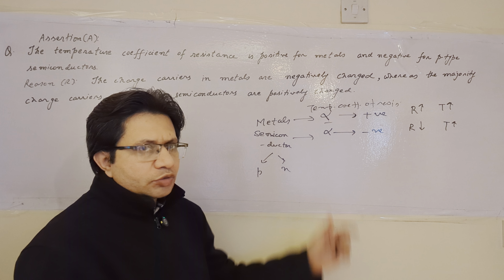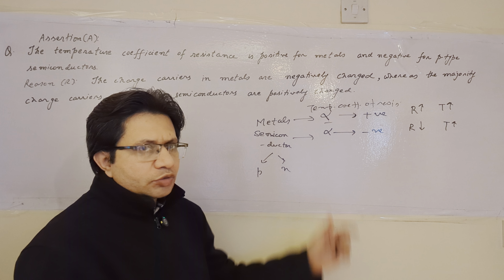It means that as the temperature increases, the resistance of the semiconductors goes down, whether they are p type or n type, it doesn't matter. So the first statement, that the temperature coefficient of resistance is positive for metals, is true, and for the p-type semiconductor it is negative, which is also true, because for any type of semiconductor it is negative. So this statement is correct.